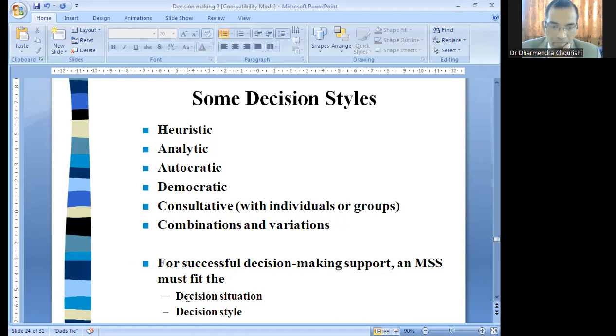For successful decision making, we can use DSS. We have MSS as well: decision support system, management support system. That will help you to take decisions, and it will help you to make different styles of decision making.